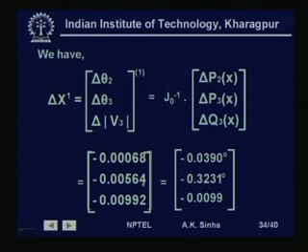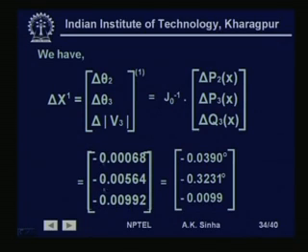minus 0.00564 radians, and delta V3 after the first iteration, after using the first iteration values, comes out to be minus 0.00992.